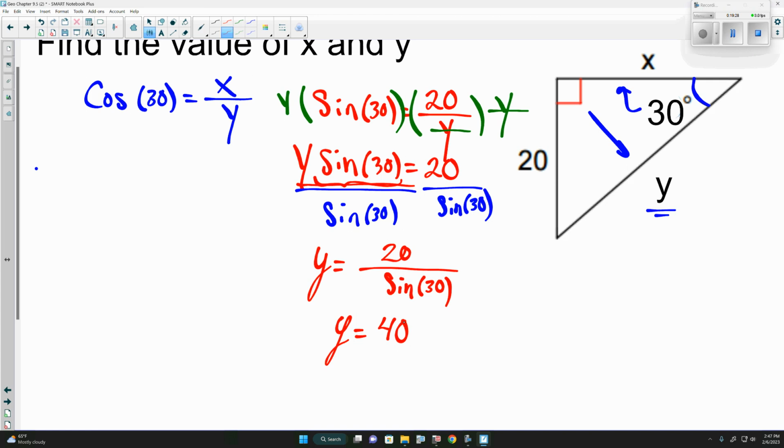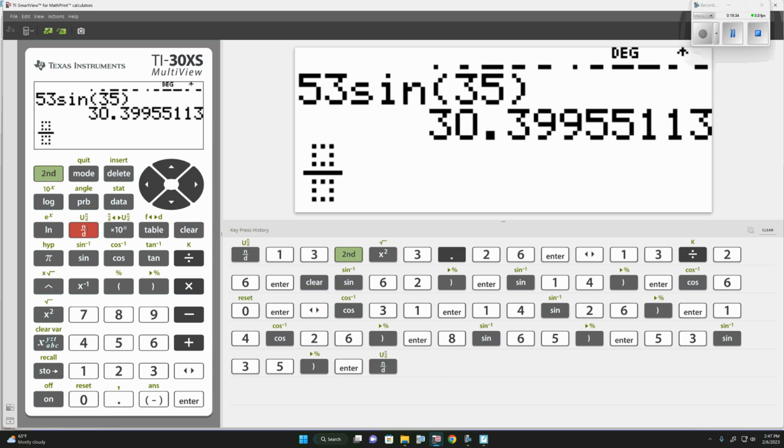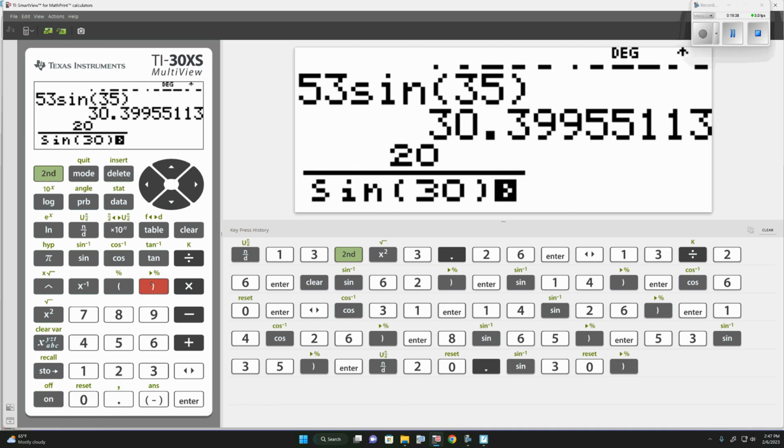It is indeed 40. So in the calculator, we do fraction 20 over sine of 30, which is 40.